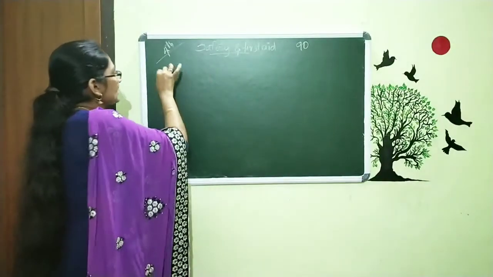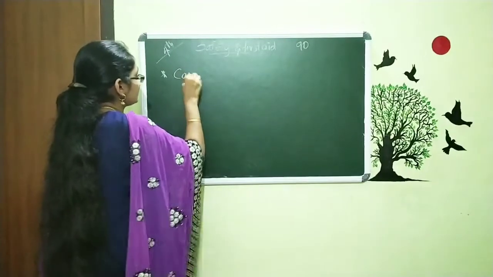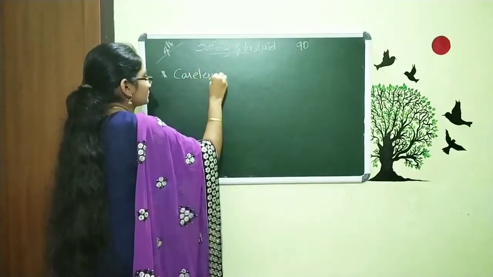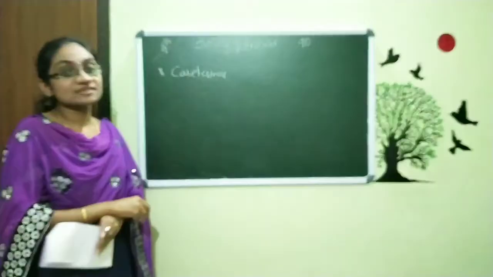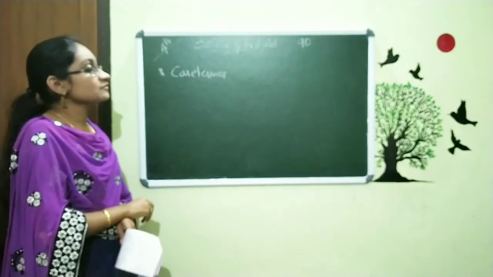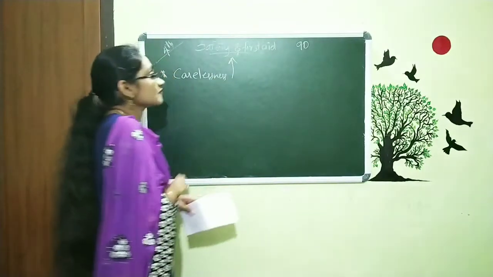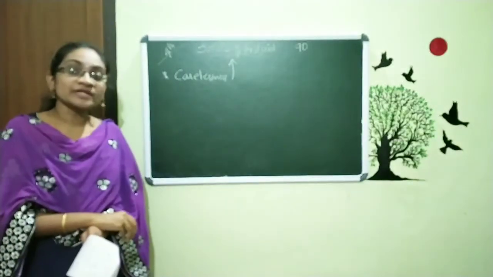Accidents sometimes occur because of our carelessness. In most cases it is because of our carelessness. So in this chapter we are going to discuss some of the safety measures and first aid that you want to know in your daily life.